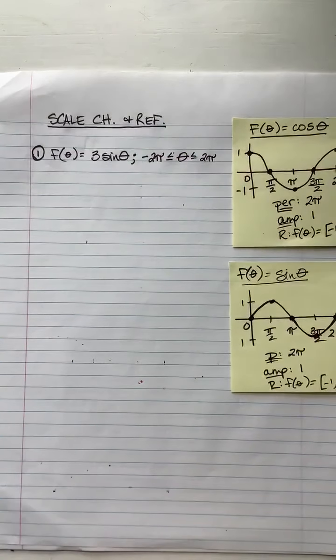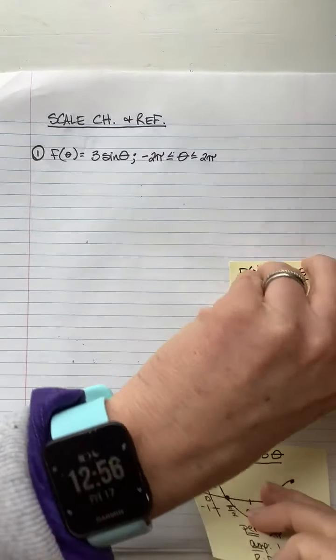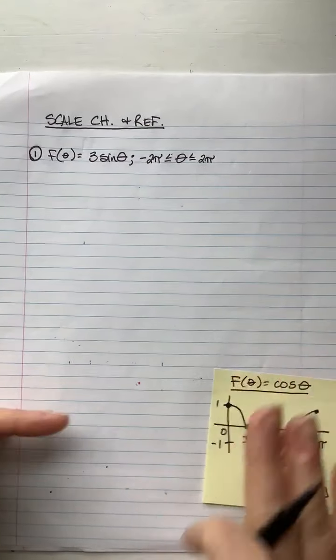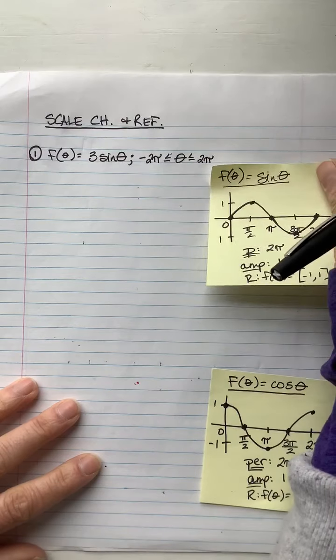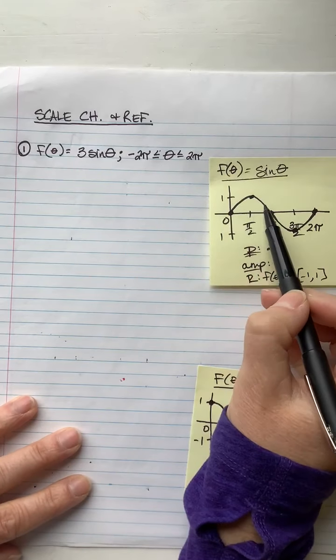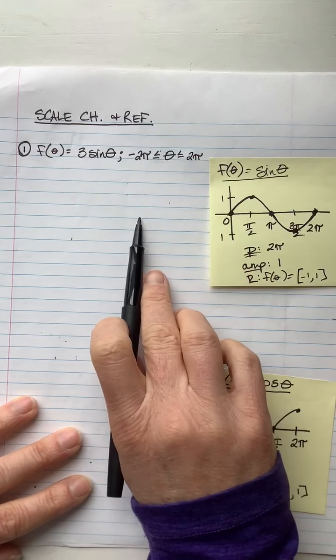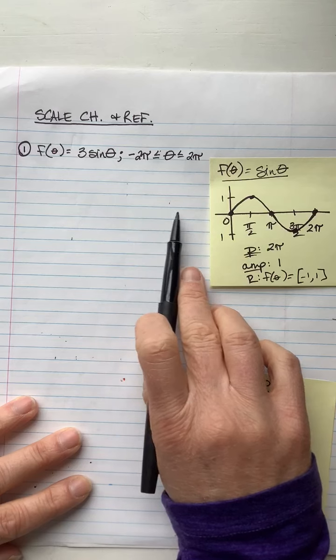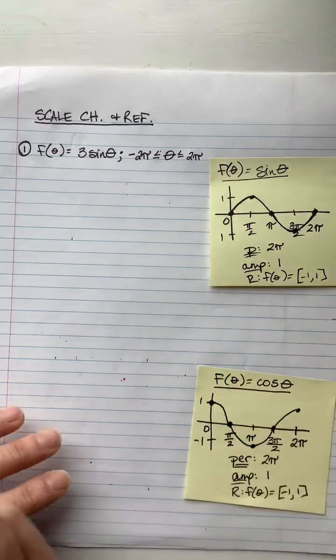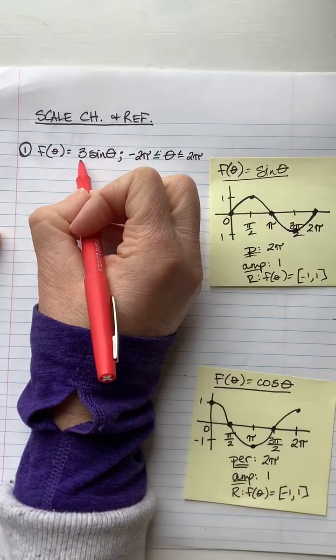So we're traveling a little bit more than one parent function, or one period. We're actually going to end up with 2 periods. So you can see I've got my little sine function here. So this time my sine function is not only going to travel to 2 pi, but I want to see what happens before that. What happens from -2 pi all the way to 2 pi. All right, so when I look at this function, I can see that the new thing is going to be this 3.